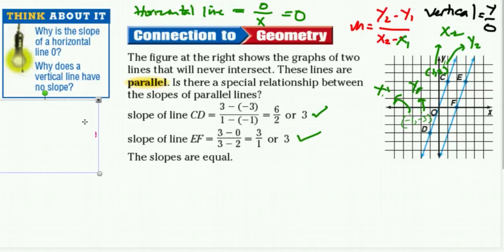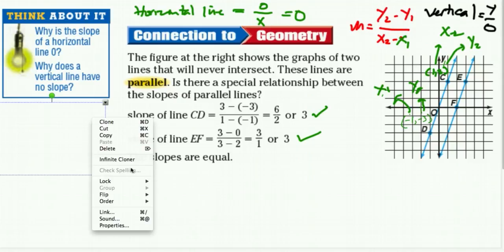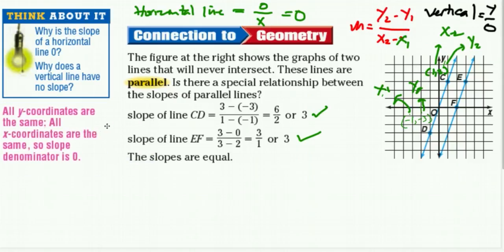And this is the answer right here. All the x coordinates are the same, so the slope denominator is 0. This is the correct answer right here.